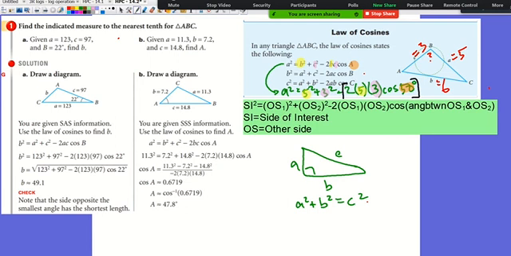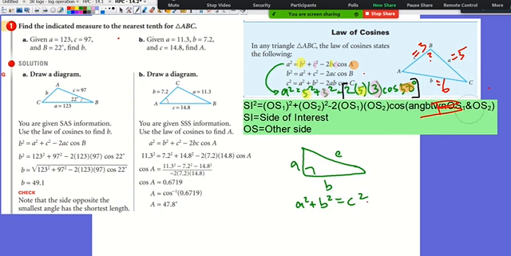So they're asking for angle B. I'm going to call this uppercase B here. That's the angle that we want, and we're going to work backwards. If we're interested in angle B, what are the other sides going to be?